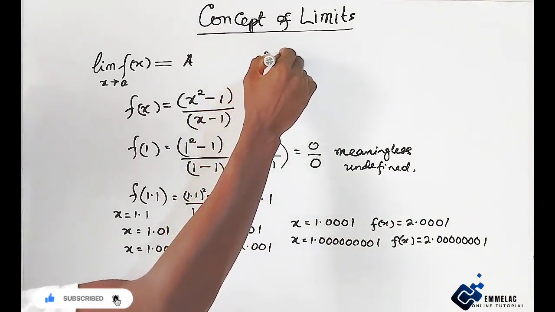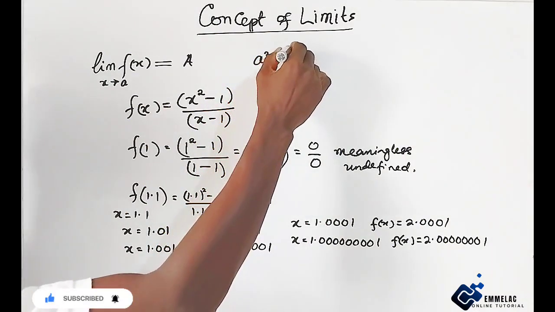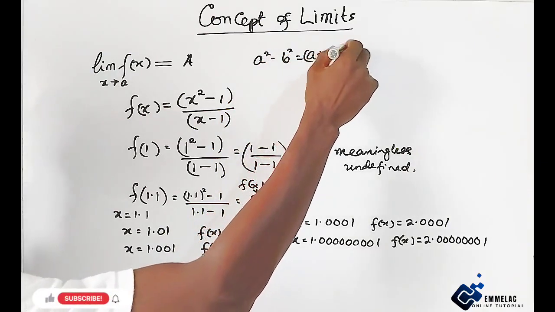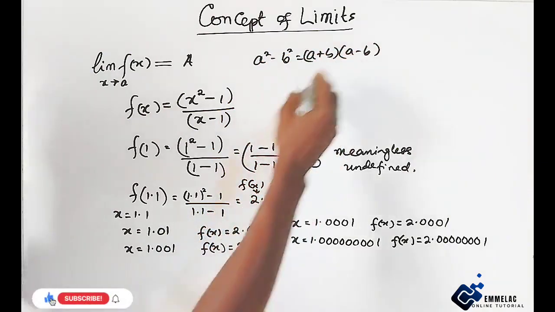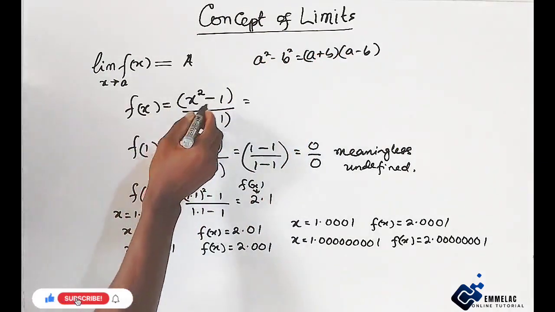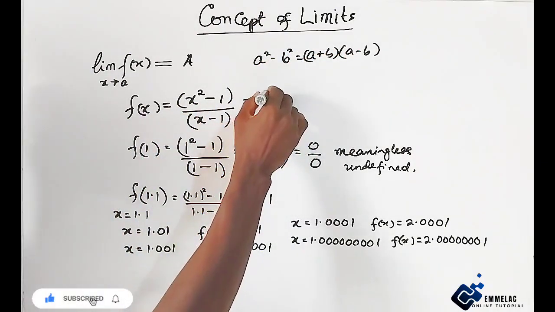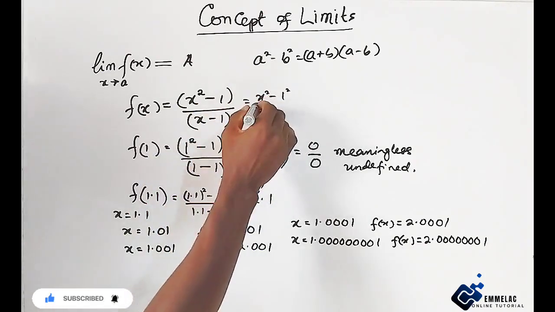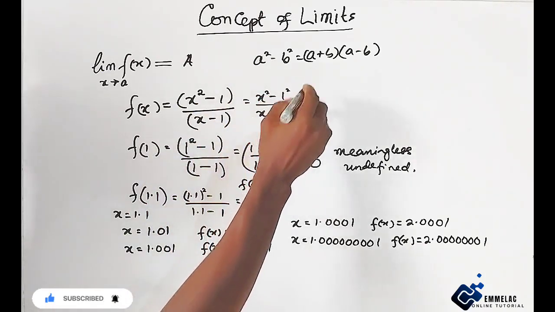difference of two squares, which will give us (a plus b)(a minus b). Now if we look at this, it's the same thing as saying x squared minus 1 squared, right? Because 1 raised to the power of 2 is 1. Then over x minus 1.